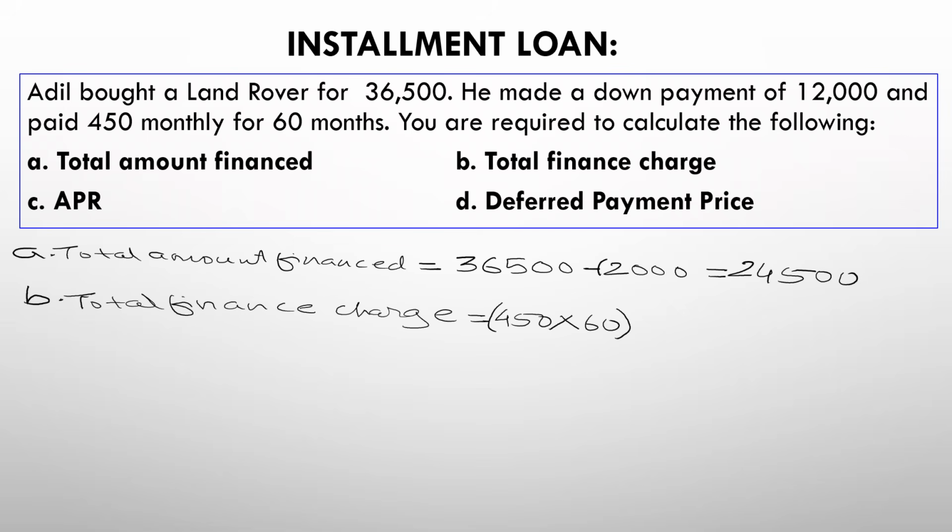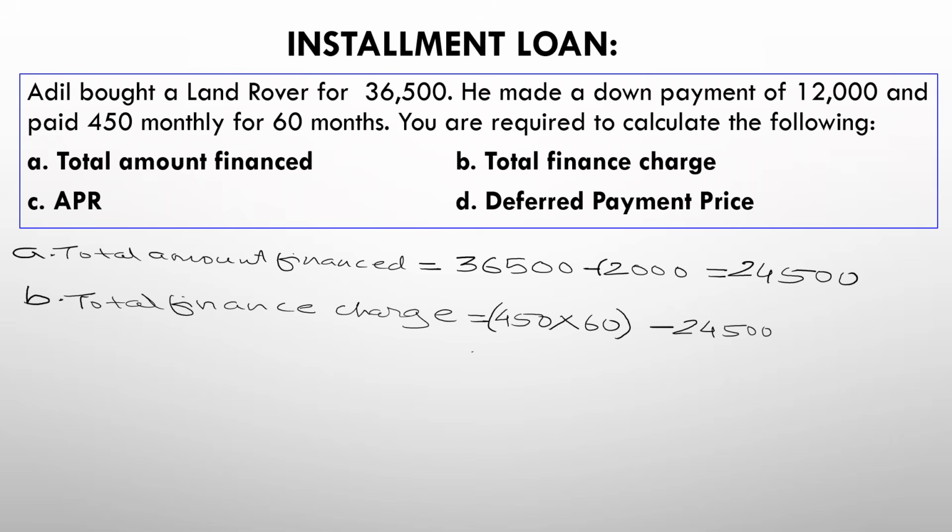So this is the total of all installments. Remember the formula which I have explained to you. I told you to remember it in the first slide when I started this video. So 450 multiplied by 60, and then minus the amount financed. How much amount has he financed? Amount financed is 24,500.